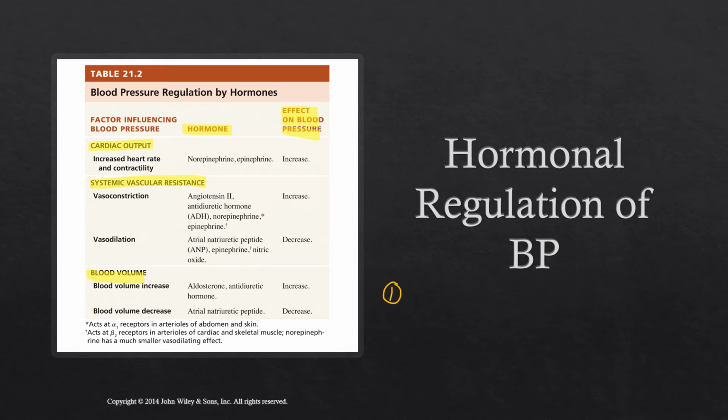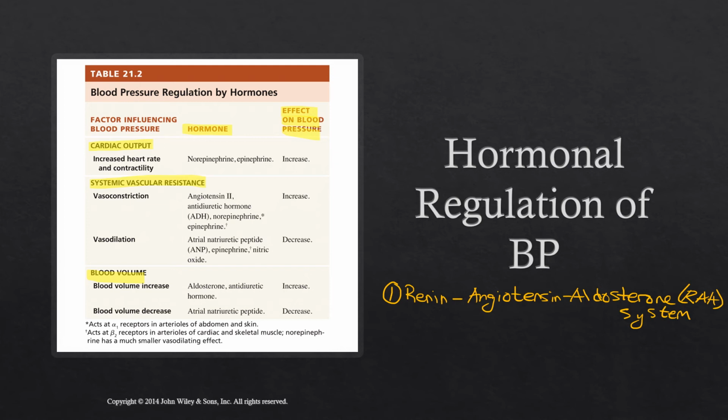The first one is the renin-angiotensin-aldosterone system. So remember, this is the pathway that actually raises blood pressure by increasing systemic vascular resistance.